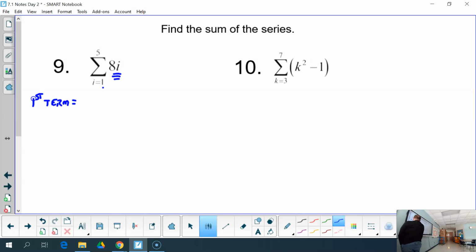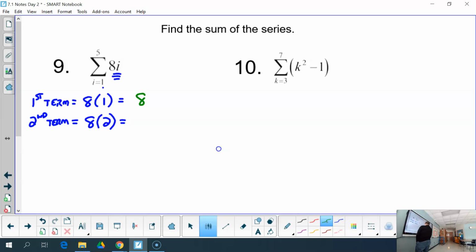So 1 times 8 is going to be 8. Then I take my next number, my second term. That would be 8 times 2, which is 16. Third term.